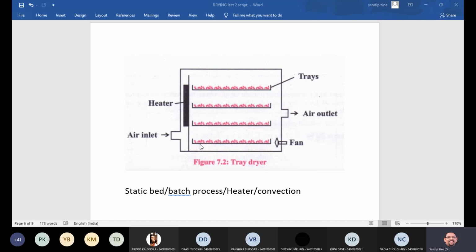So the fresh air enters through the inlet, the water evaporates from the interior of the solid due to the hot air, and at the end, trays are removed from the chamber and the dried material is collected. So this is the overall working of this tray dryer. So the role of the air inlet, air outlet, fan, and heater: by considering all these points, we can easily mention the overall working of the tray dryer.